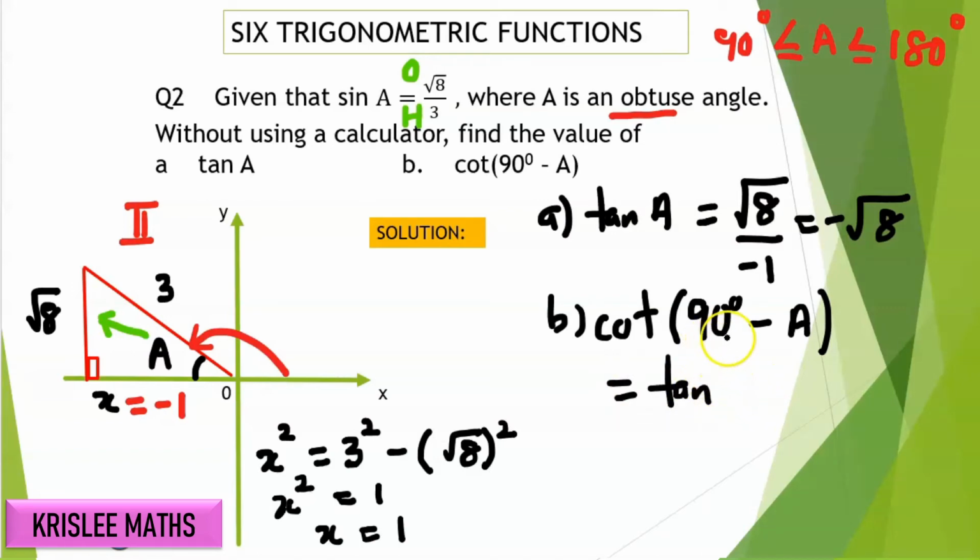Therefore, tangent of 90 degree minus A, the complementary angle is A. Therefore, tangent A, referring to the diagram, we have the answer already, that is negative square root of 8. With that we have completed question 2.